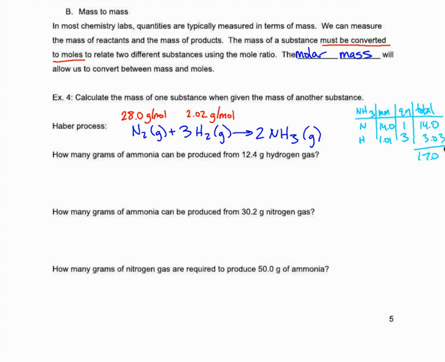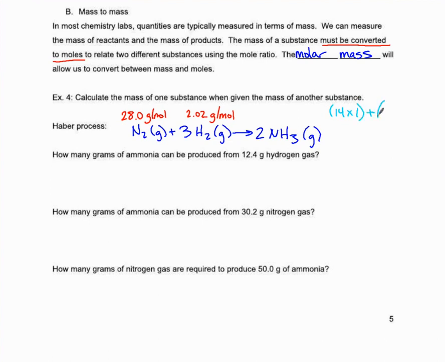I'm going to erase this, and I'll show you how I would put this in my calculator. And it does the same math operations as the table. It just does it without a lot of writing. So here's what I would do. I know that there's one nitrogen, and so that's 14 times 1.